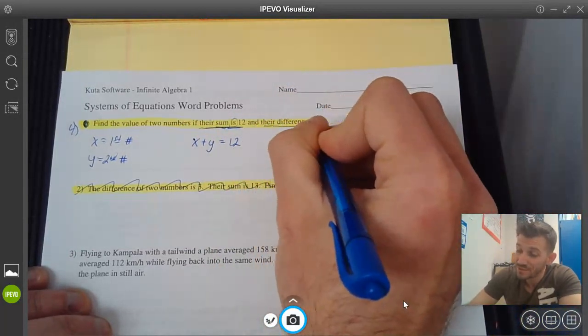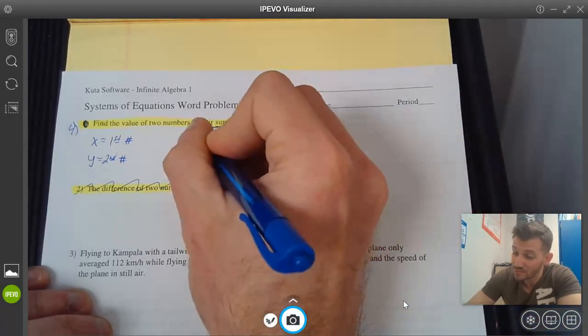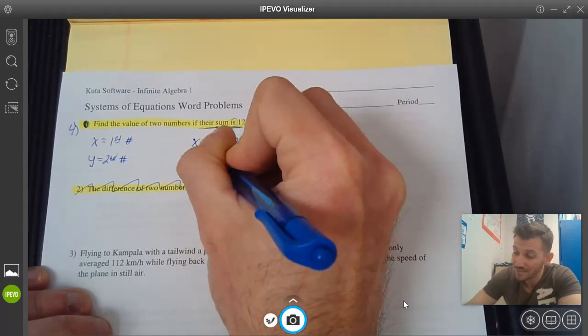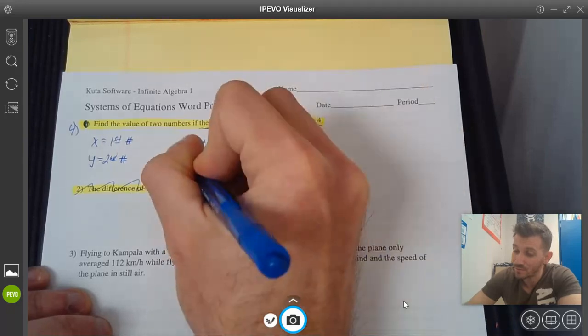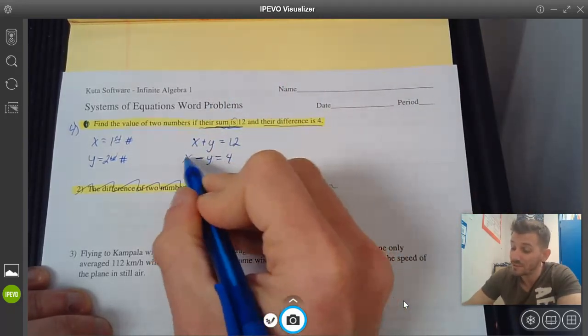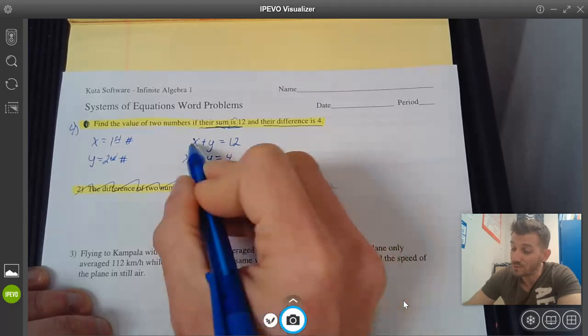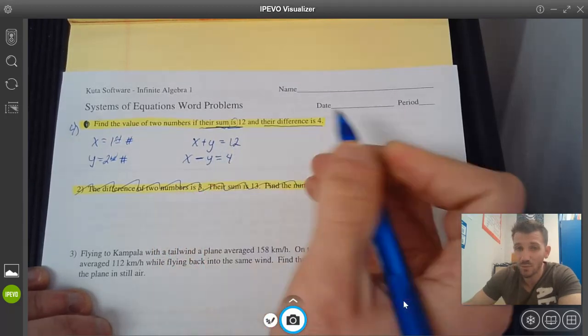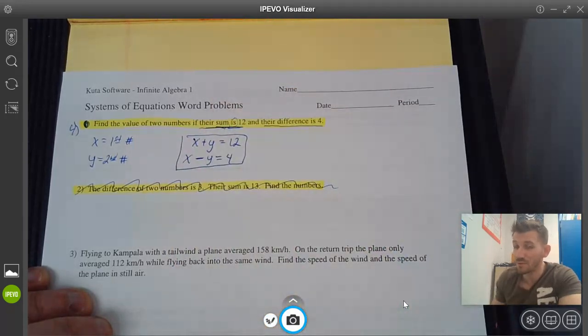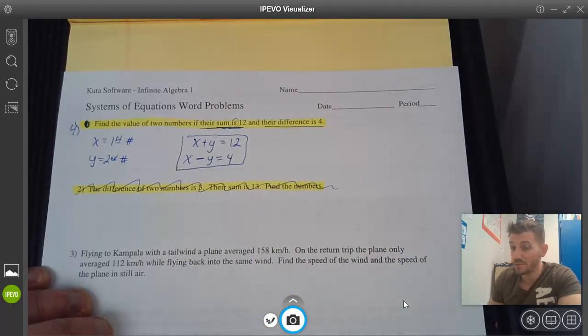Their difference is 4. So sum is adding, difference is subtracting. So first number, second number. The difference of both numbers is 4. The sum of both numbers is 12. That is it. Some of y'all are thinking what the answer is, but another day.